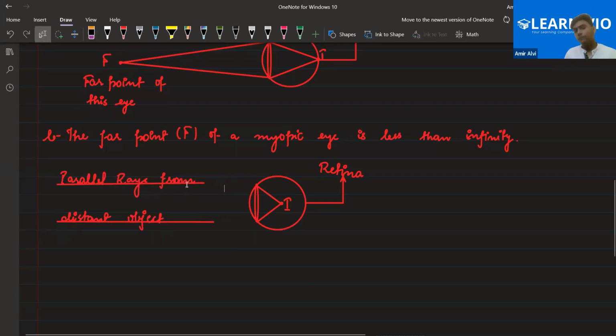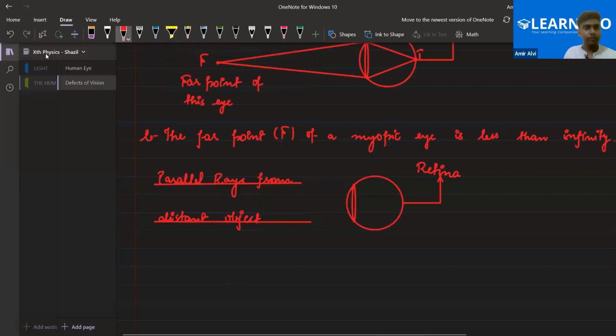To correct this defect, we are going to introduce a concave lens. Okay, we are going to introduce the concave lens so that the defect of the eye can be fixed.